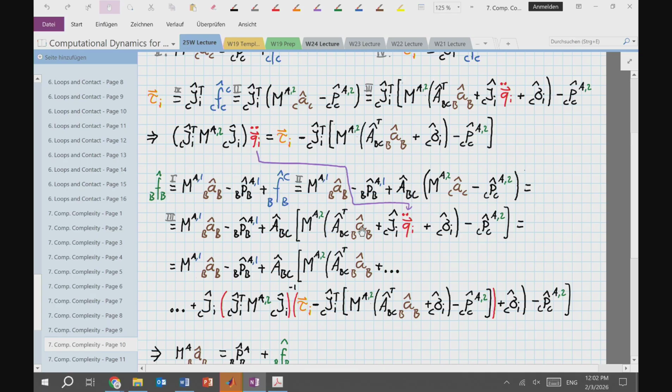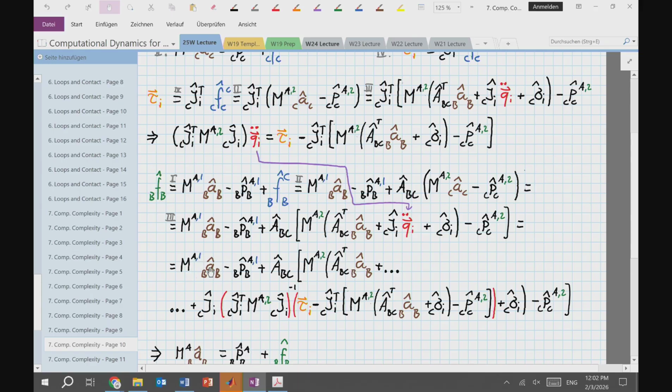And again, nothing here scales with n, because these are all 6 by 6 matrices, 6 vectors. These are all spatial quantities that somehow describe the motion of body B, or articulated inertias, which are either 6 by 6 matrices or bias forces, which are 6 vectors. And then I can do a bit of rearranging here, where the key thing is that I have these quantities ABB, the acceleration of my handle.